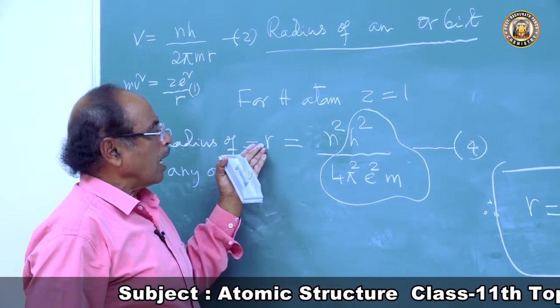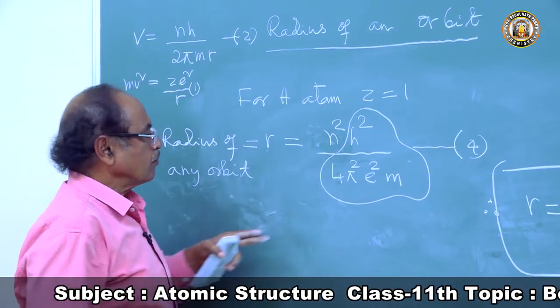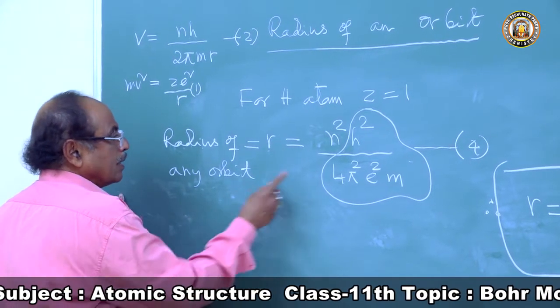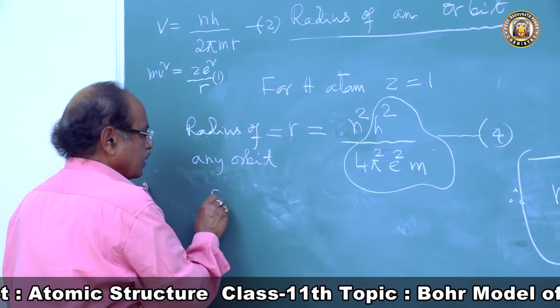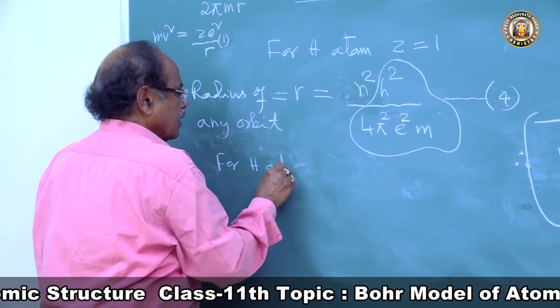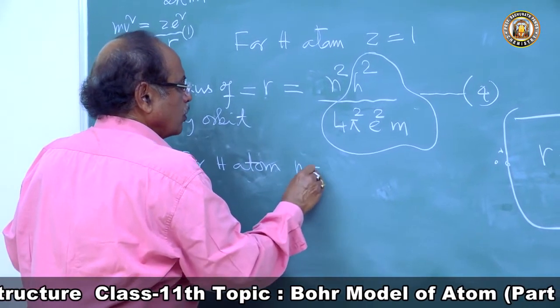So you will put n equal to 4. Now for the hydrogen atom, he put n equal to 1.